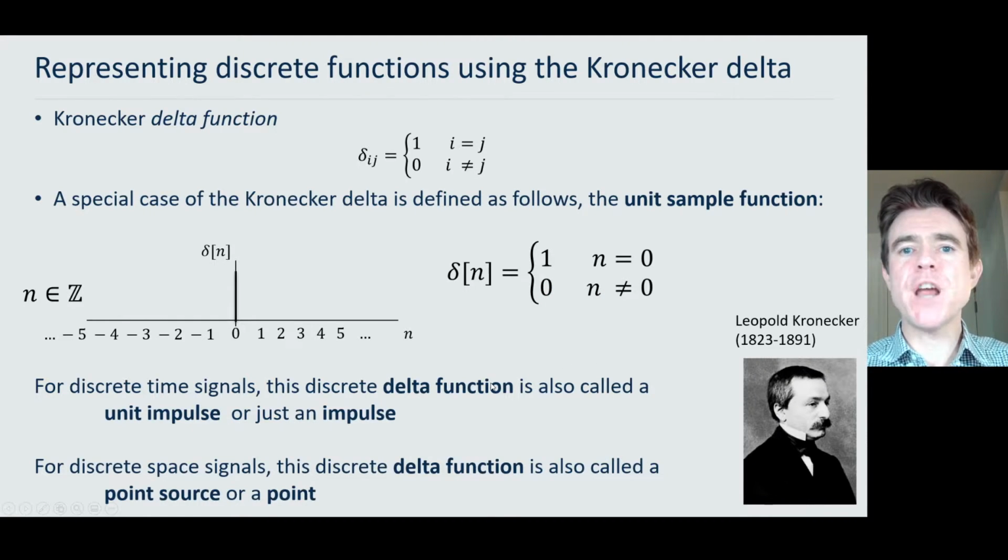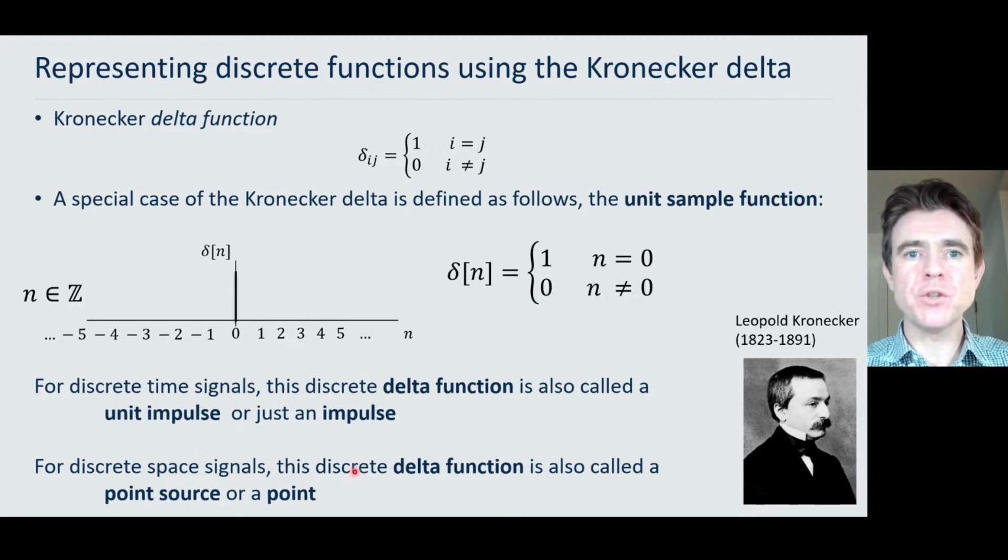This function will be variously named, depending on the context. Nearly always, you'll do well if you just call it a delta function, and then the context should make clear whether it's a continuous one or a discrete delta function. Sometimes it's called the unit impulse, or even just an impulse function. That's very much in the temporal case, dealing with time signals like audio waveforms in digital signal processing.